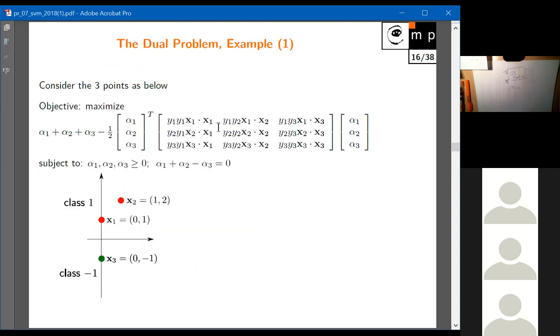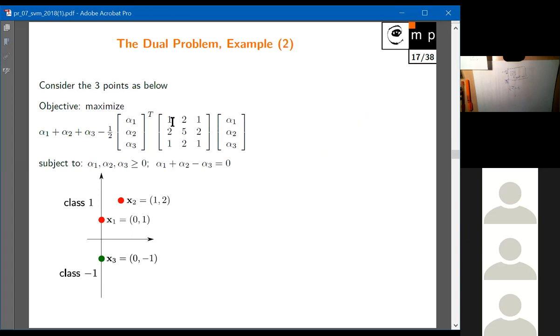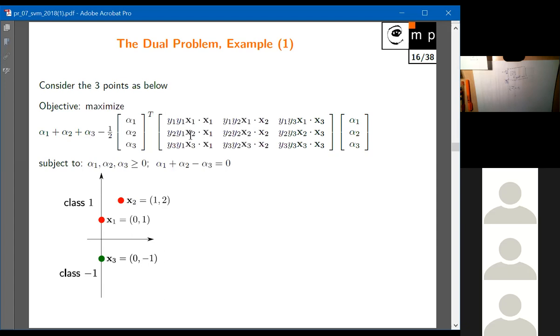So in our case, the points are in 2D: 1, 2, 0, 1, and for their class, 0, minus 1. We'll calculate the matrix, which is symmetric, which has to be, because if you look at it, the dot product xi, xj is the same as xj, xi.